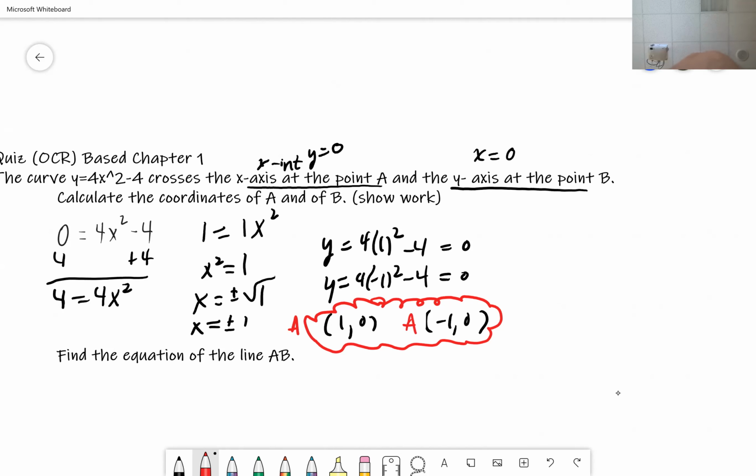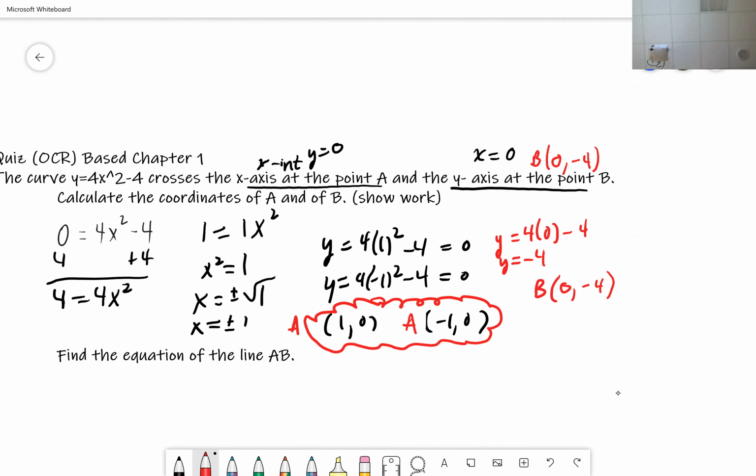If we just put 4 times 0 here and solve it, we get -4. So we know for sure that B has to be 0, comma, -4. So if I were doing this question, I could do it either with 1, comma, 0 or -1, comma, 0.